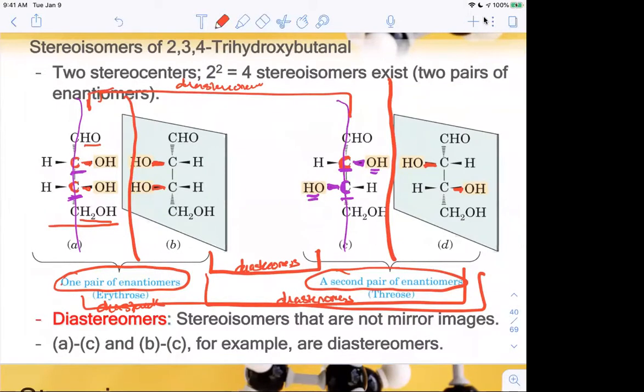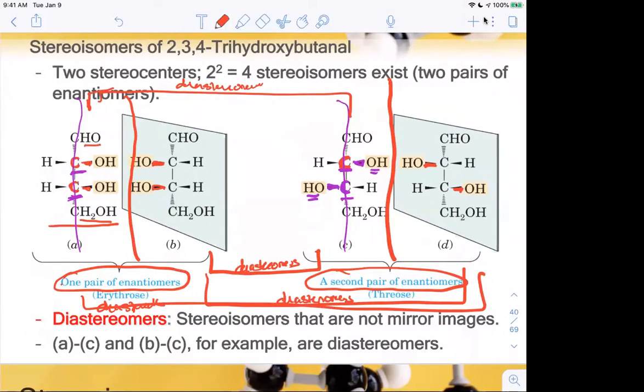So I have two pairs of enantiomers, but each enantiomer compared to the other two stereoisomers of the second enantiomeric pair are going to be diastereomeric in relationship.